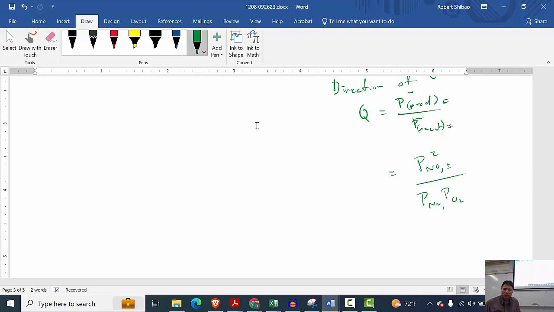Both of these are going to be initial. That is what's given. For us, the initial NO is 1 bar, or 1. So this is 1 squared over 1 times 1, which is just 1. And then we compare this with K.